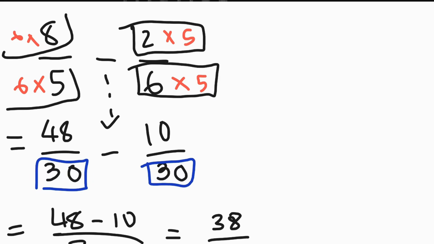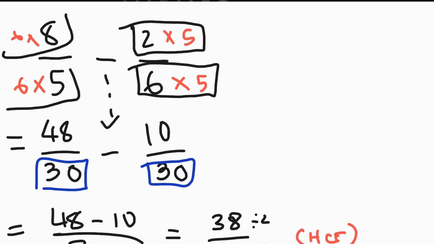Can I get a highest common factor? So we can say that my HCF can be, in this case, seeing that they're both even numbers, we can say we can divide this by 2.